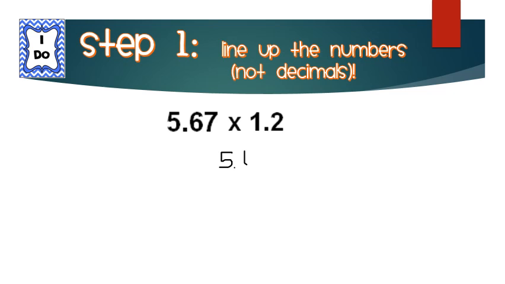So I have 5.67 multiplied by 1.2. See how my decimals are not lined up? My decimals are definitely not lined up, are they? But this is how we have to line them up. Numbers as far to the right as they can go, because we also don't want to line up our numbers like this.